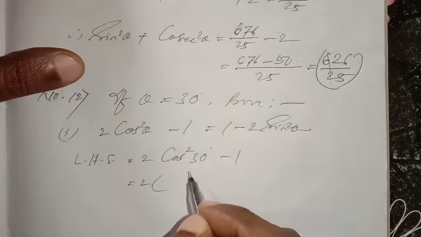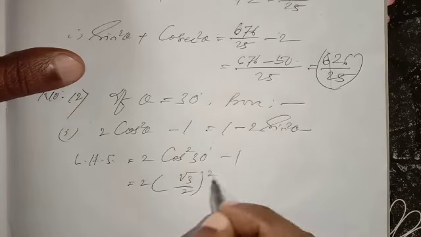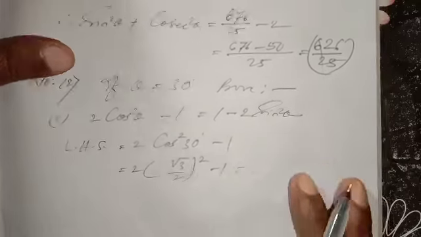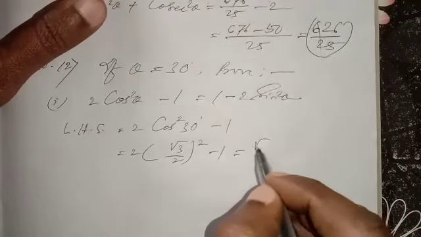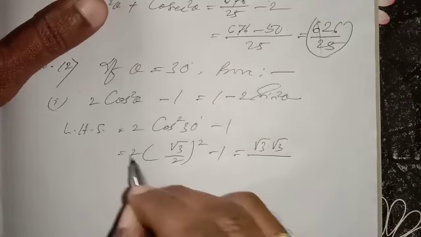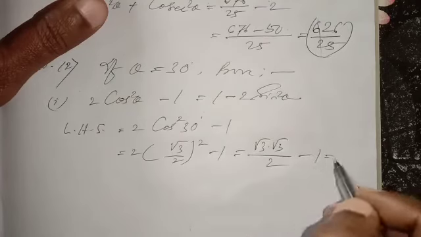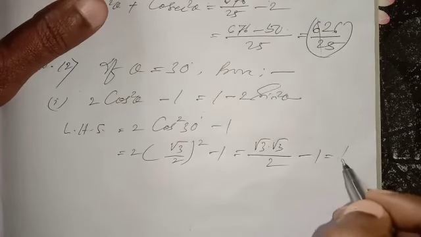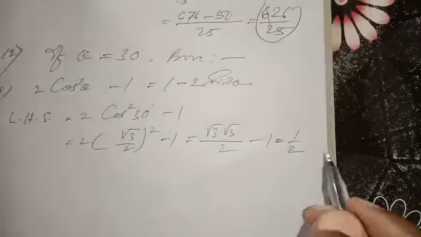Cos 30 equals how much? Root 3 by 2. Root 3 by 2 whole square minus 1. This will be 3 by 4, 2 cancels with 4. Root 3 into root 3 by 4 is 3 by 4, so 2 into 3 by 4 minus 1 is 3 by 2 minus 1. 3 minus 2, you are getting 1 by 2.